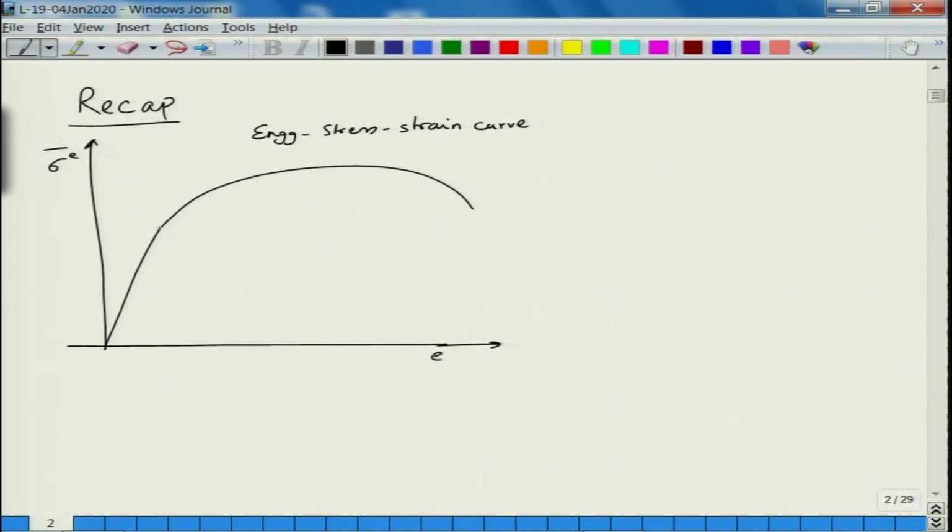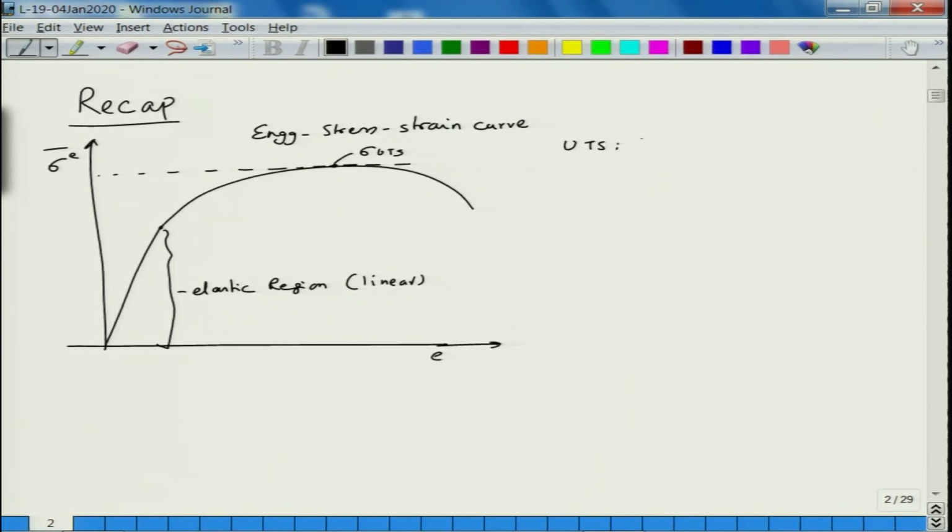This curve shows a few regions which are very clear in nature. Up to this point it shows an elastic region, which is basically a linear region, followed by a region up to a point called sigma UTS, which is ultimate tensile strength.